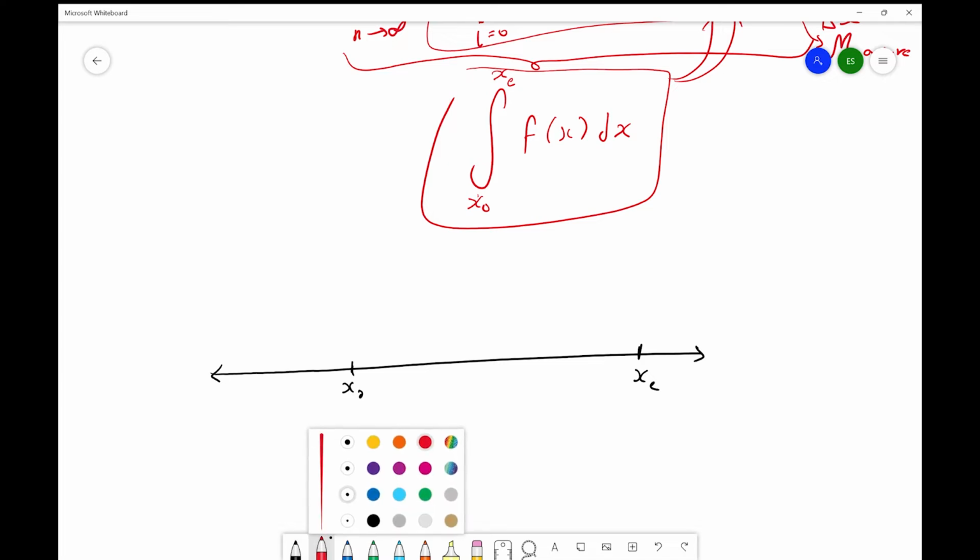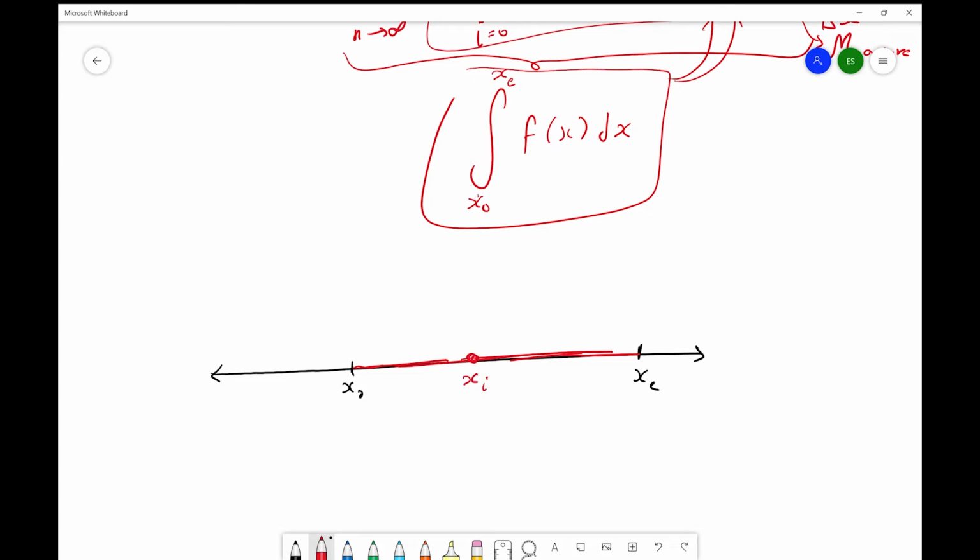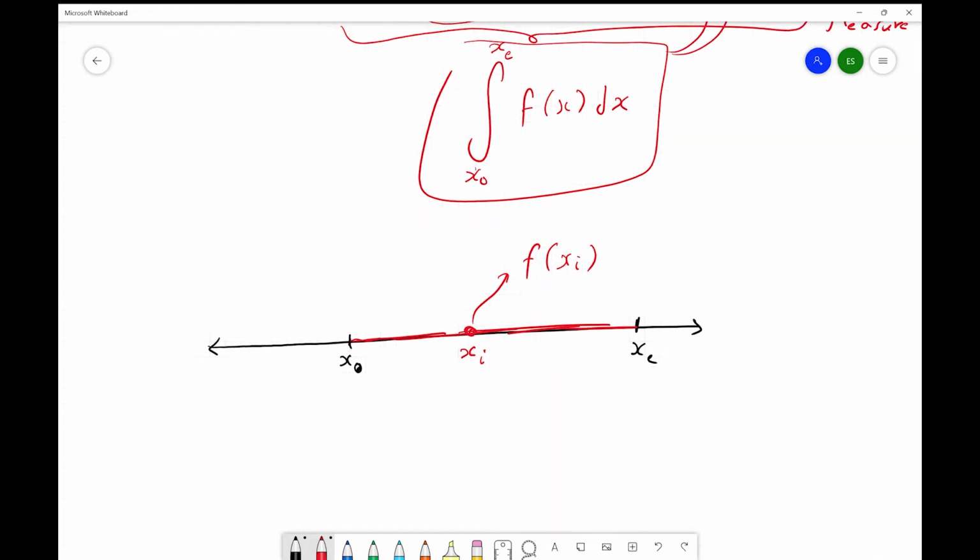There is some function on the real line. This is xi, and then you have f of xi. So you're summing this function from x0 to xe.